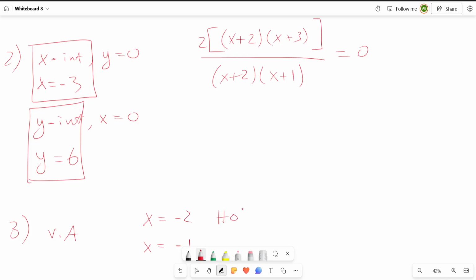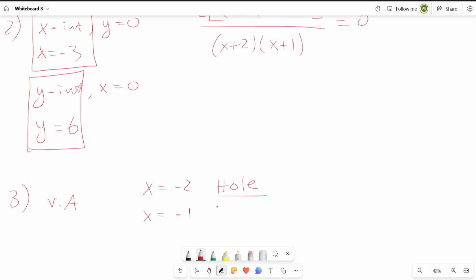However, it's going to be something called a hole in my function. And x equals minus 1 is just normal. I don't have any factor that cancels with x plus 1. So x plus 1 is a discontinuity and it's a vertical asymptote. So these are my answers over here.